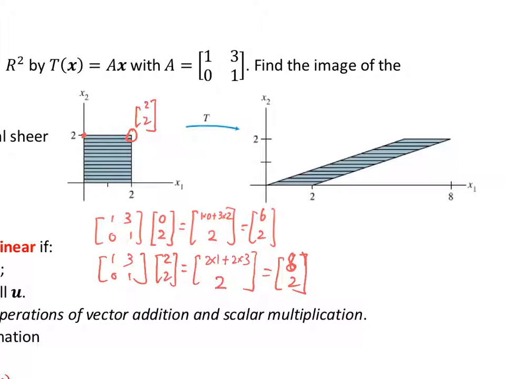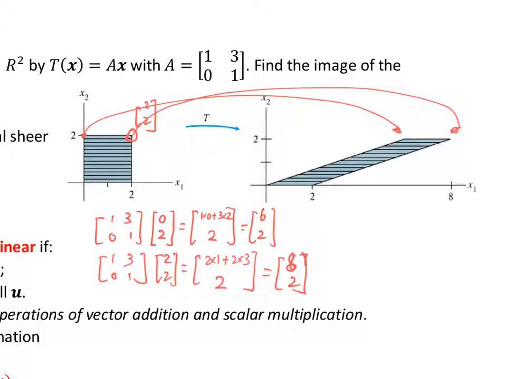Which means this point is mapped to this point. Take a look at the distance between these 2 points. This distance is actually the width, which is 2. And take a look at the distance here. So it is still 2, right?